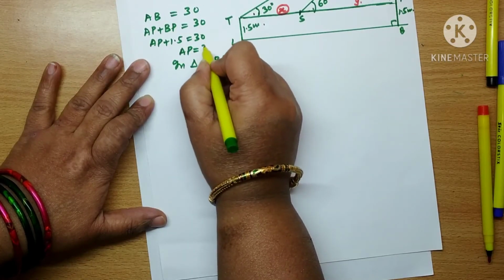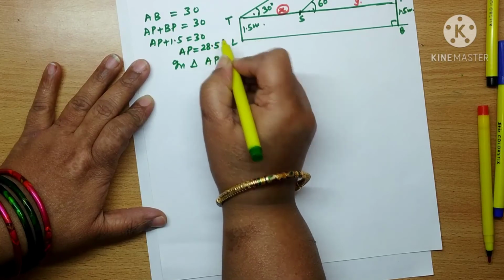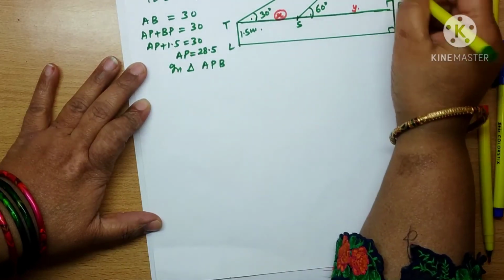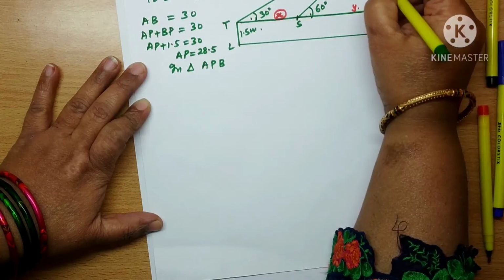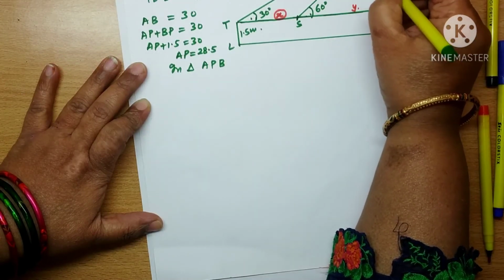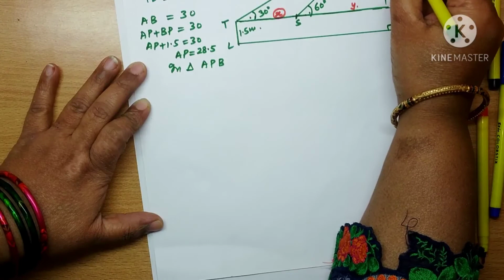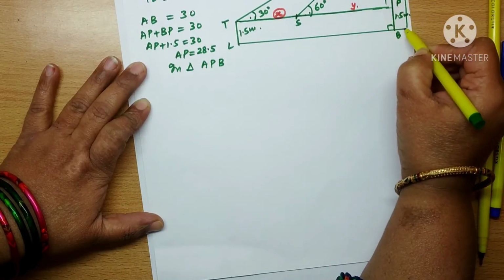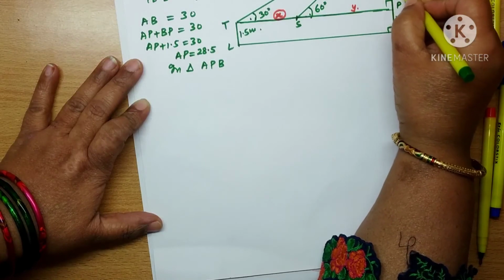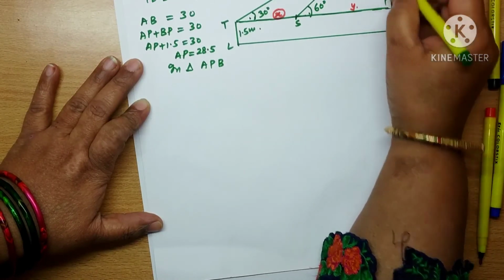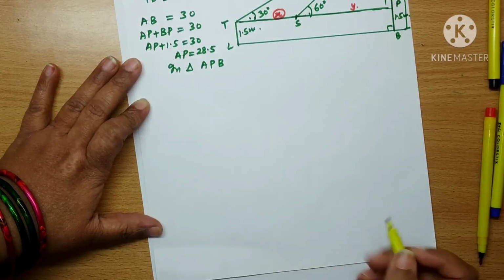How much is 30 minus 1.5? 28.5. Let's write this 28.5 meter. The building was complete here, this was 30 meter, and this inside is 28.5 meter.